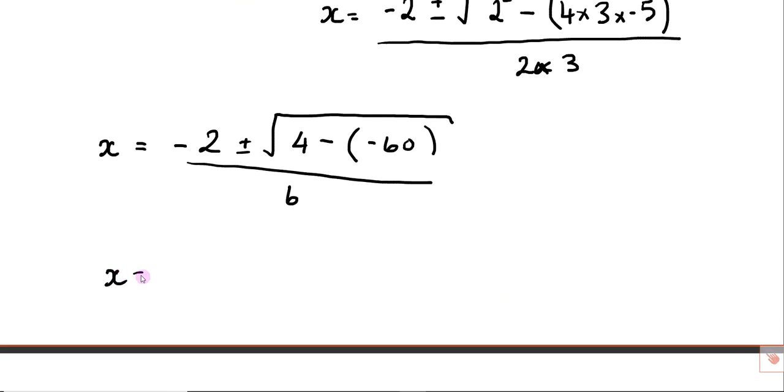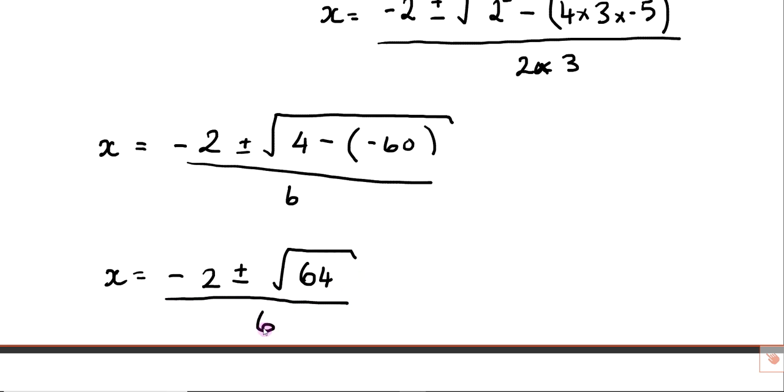That then gives me x is negative 2 plus or minus the square root of 64, all over 6. This is quite a nice one.